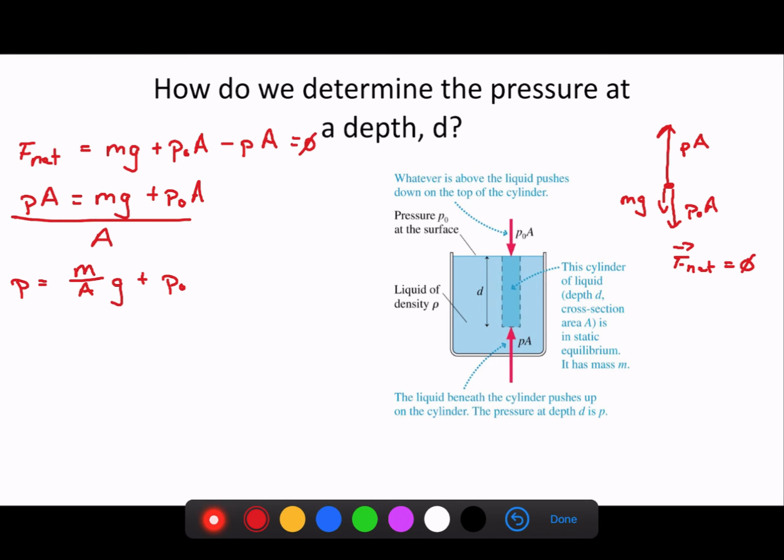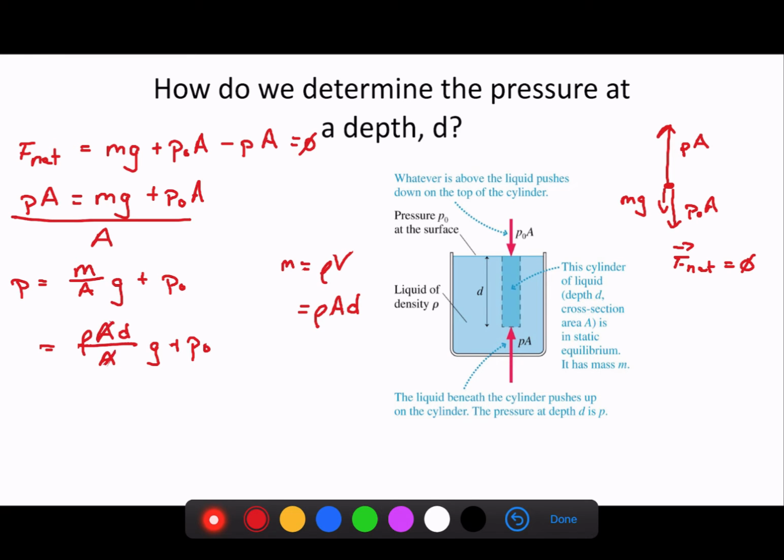Now we mentioned before that this volume of fluid in this cylinder is equal to the depth times the area. We also know that mass is equal to the density times the volume. Putting these together, we can plug in for mass to be rho, our density of the liquid, times A times D. And then we see that the A's cancel, so it doesn't matter what the surface area is.